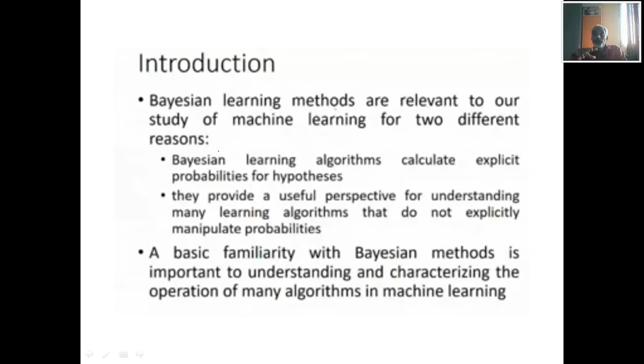By applying probability, right? So learning algorithms that calculate explicit probabilities for hypotheses are very good for us. And they also provide a useful perspective for understanding many machine learning algorithms. Even machine learning algorithms which do not explicitly deal with probability, for those algorithms also we can apply Bayesian learning, right?